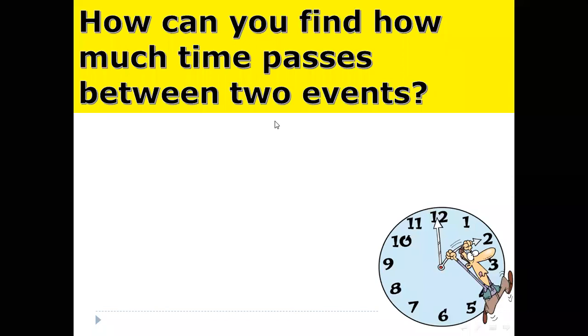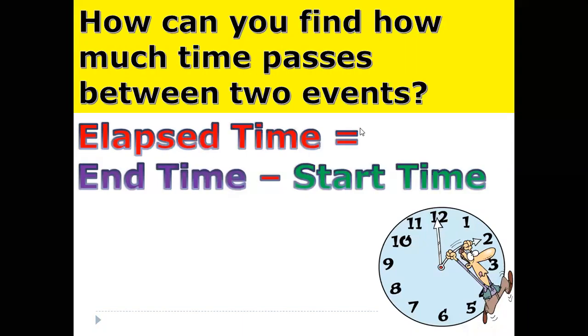For example, if you start watching a movie at a specific time and then finish watching that movie, you have here two events: the starting time of watching the movie and the time the movie finished, the ending time. Here, that's called elapsed time, or we can say the duration of things that are happening.